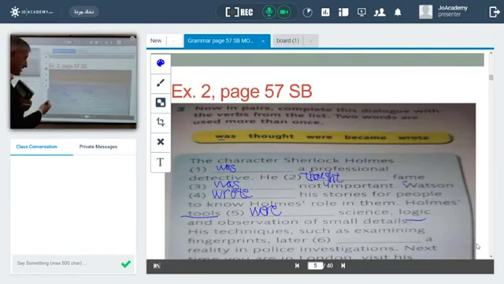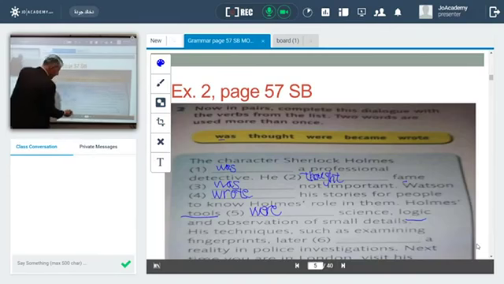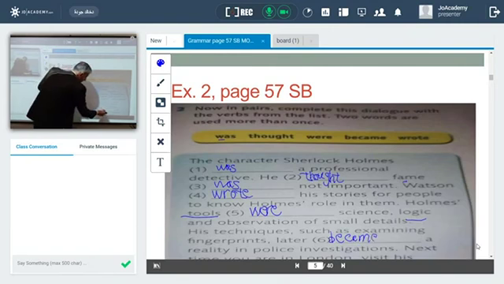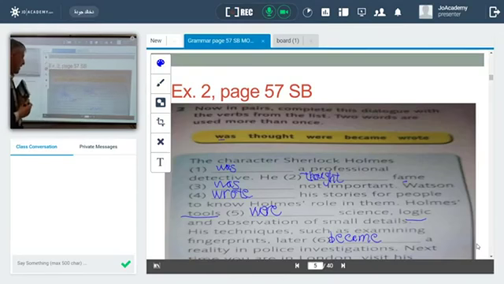So he says that his techniques of Sherlock Holmes, his techniques such as examining fingerprints later became a reality in police investigations.